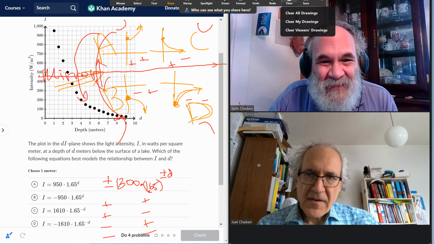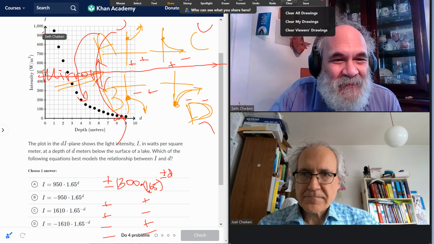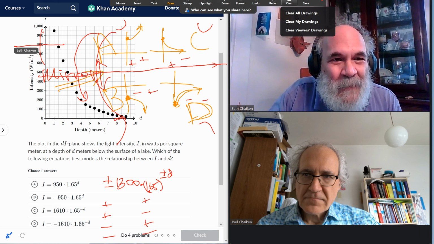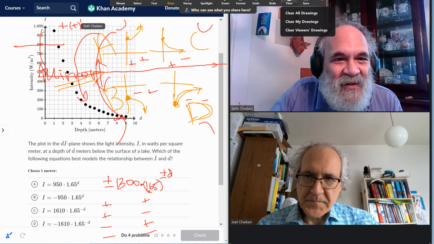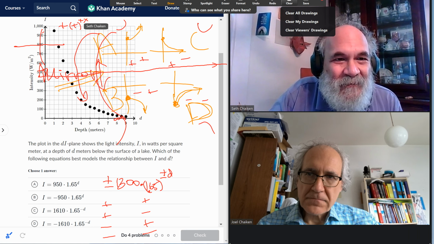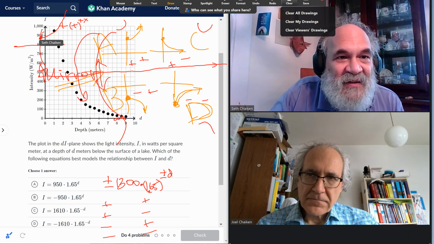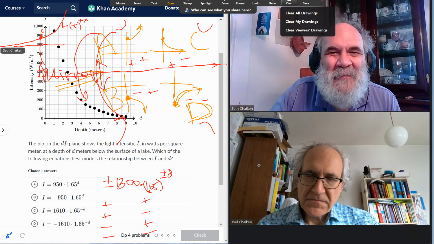The whole picture for case A, which is plus times plus to the plus x, is exponential growth up here, but exponential decay as x becomes more and more negative.